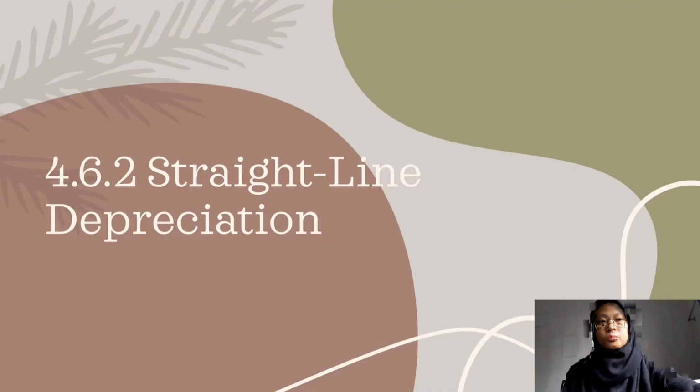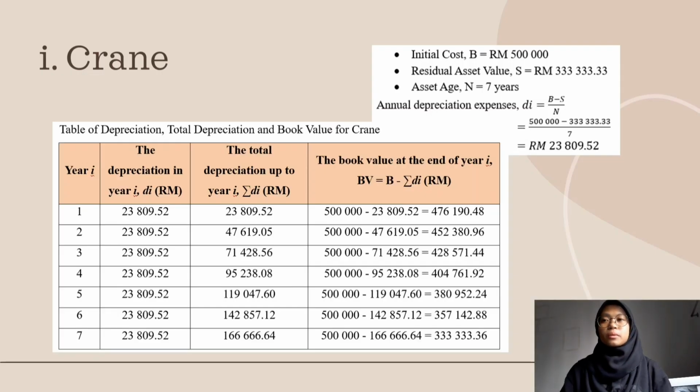Moving on, for the next part, we have the straight line depreciation for the crane and the sky crane. For the first part, which is the crane, the values are the same as in the cash flow diagram calculation. The year for the depreciation calculation is 7 years, and the annual depreciation expense is 23,809 ringgit and 52 cents.